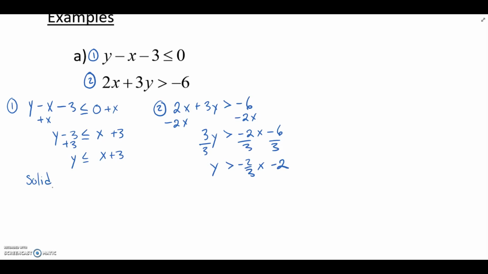So it's a solid line, and because it's less than, we're going to shade below. At our other inequality, we've got a dashed line here, and we're going to shade above.